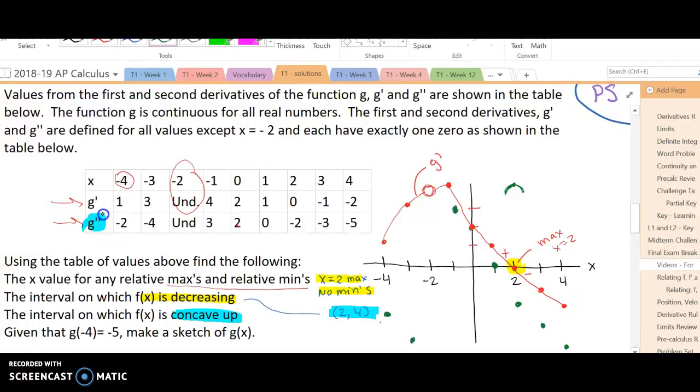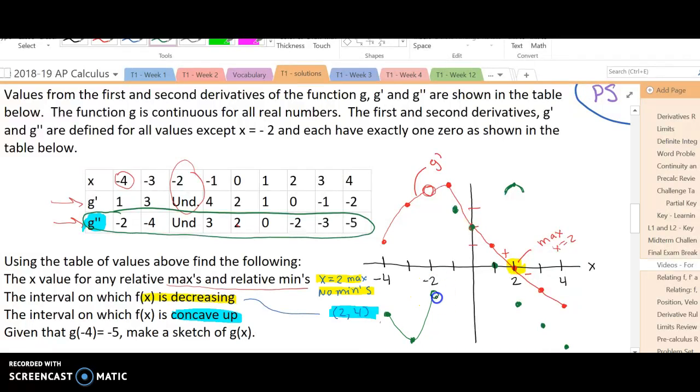So I've plotted all of these second derivative y values as green dots, and now I'm going to connect them. And we have a problem because at -2, I'm undefined. So I don't really know what happens at -2.